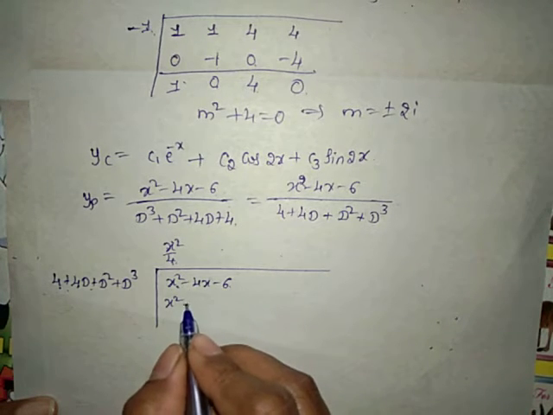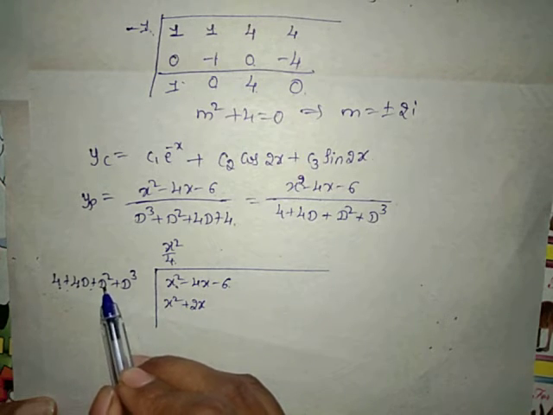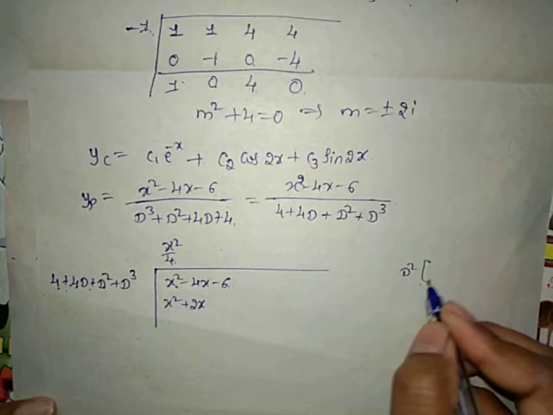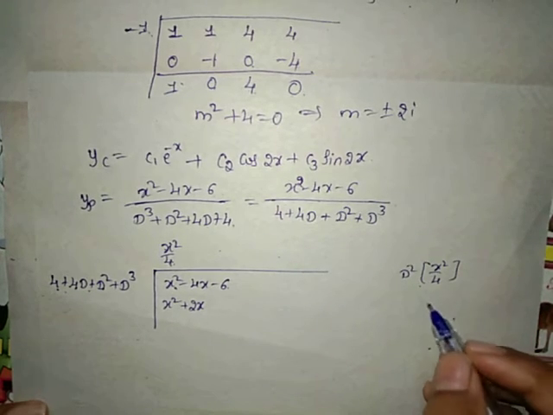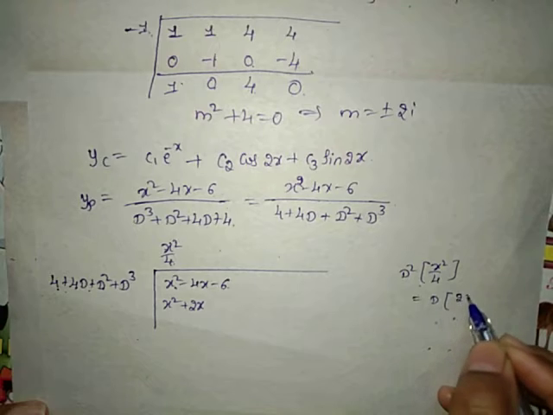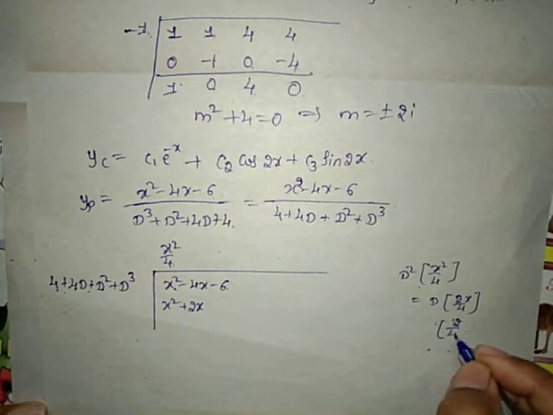Derivative of x square is 2x, plus second derivative of x square by 4: first derivative is 2x by 4, second derivative is 2 by 4.